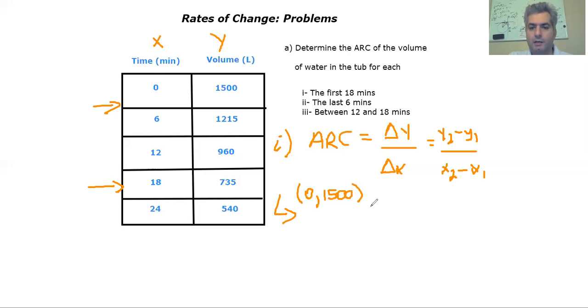And the second coordinate would be 18, comma 735. Okay, great. So now we have the 2 points that we can use to find the average rate of change.